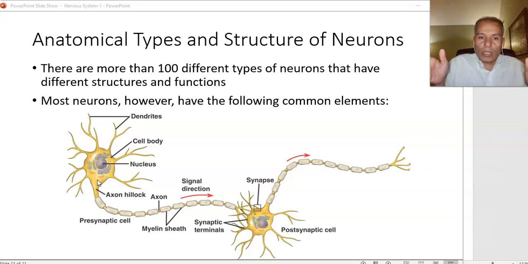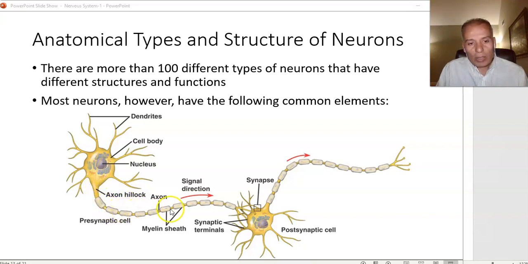So that is the axon hillock. It connects the body of the neuron with the axon of the neuron, and again, it determines if the neuron is to fire a signal or to not fire a signal to the next neuron.